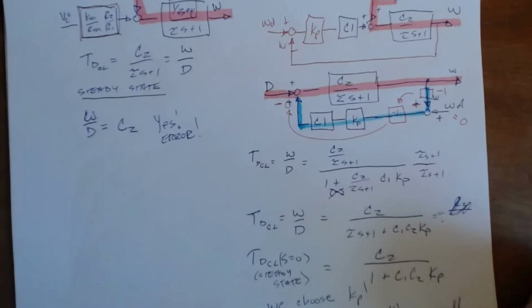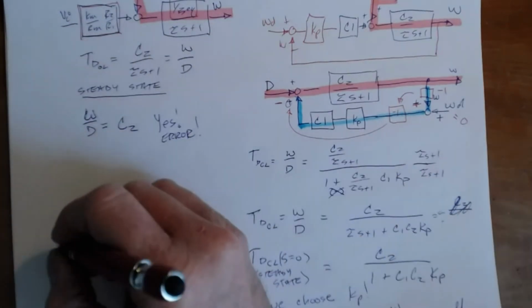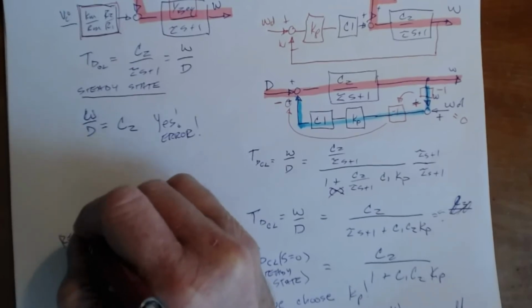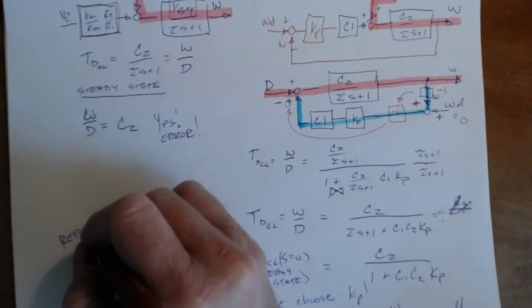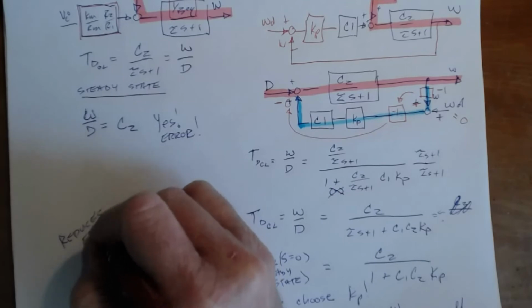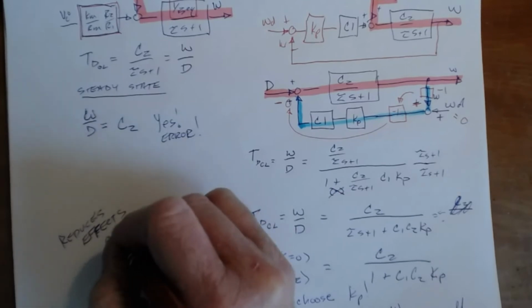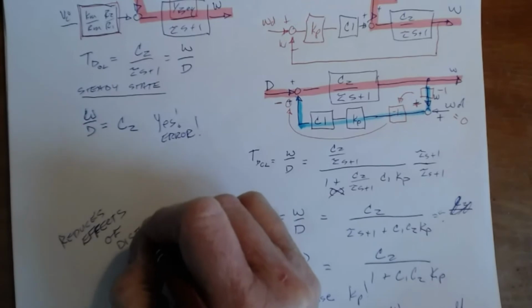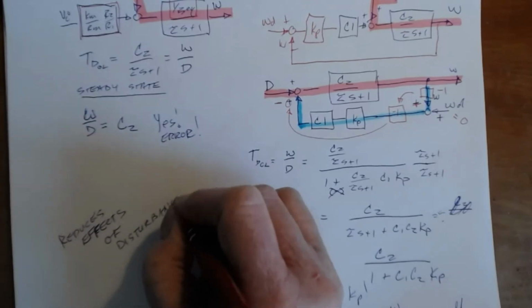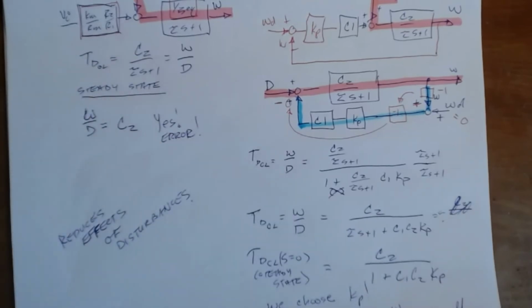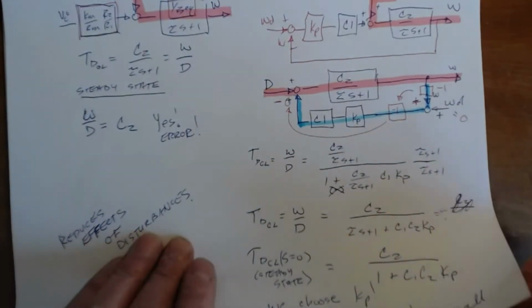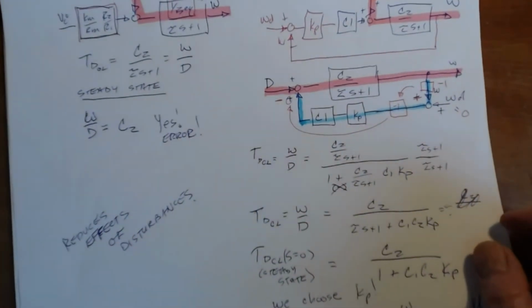So what about disturbances? Closed loop reduces the effects of disturbances. Let's do one last thing here. So I mentioned earlier parameter errors.